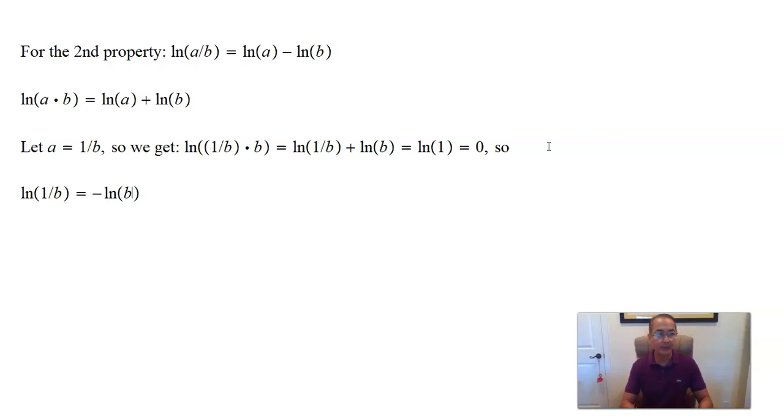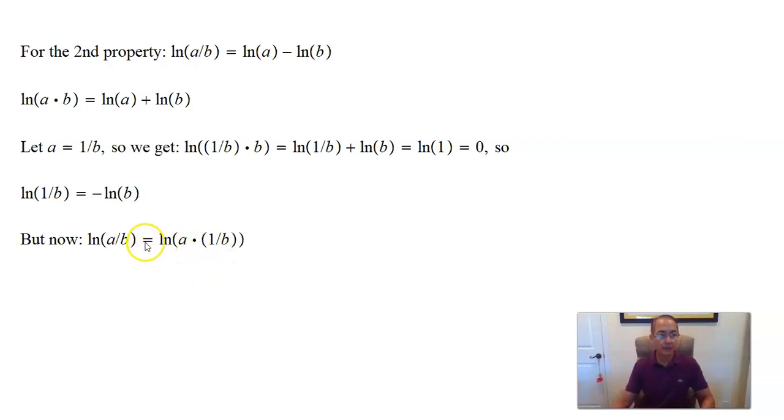So now we can prove this formula in general. We can rewrite ln of a b as ln of a times 1 over b. Let me borrow the symbols here, and I will change b into 1 over b.